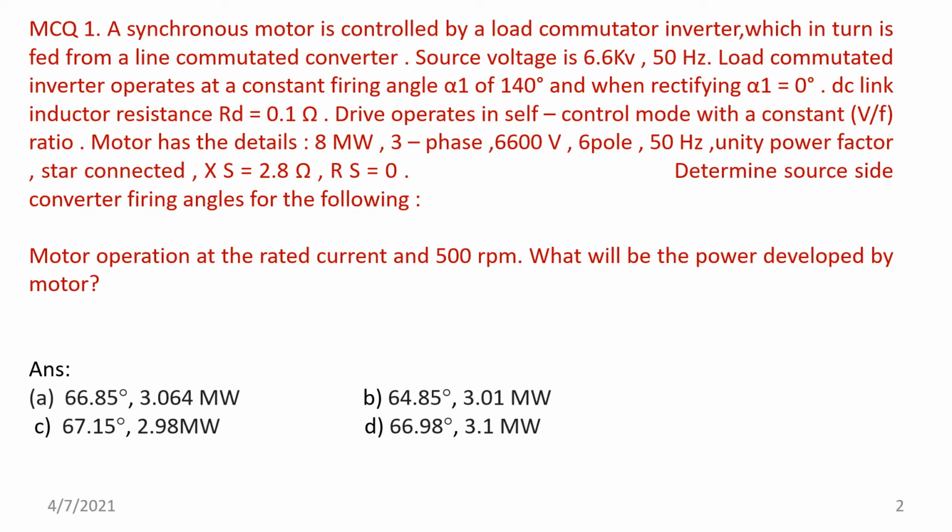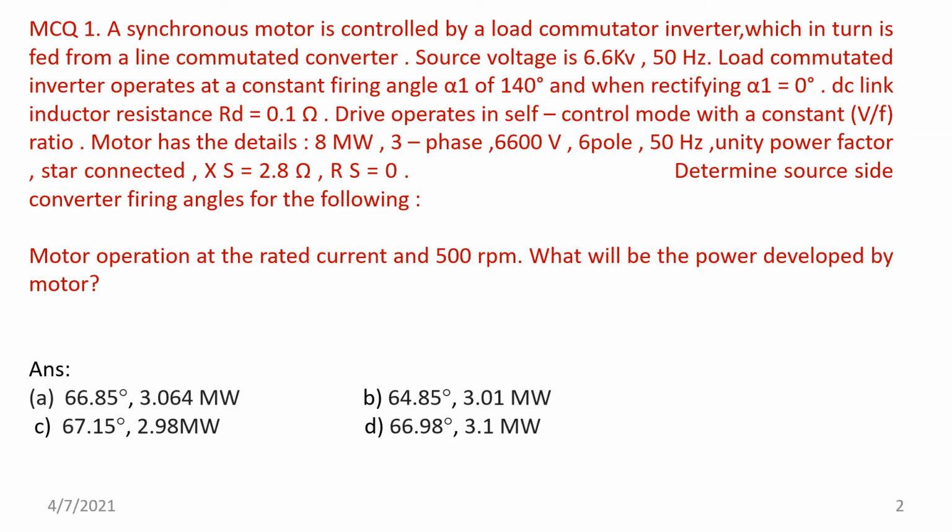DC link inductor resistance R_D equals 0.1 ohm. Drive operates in self-control mode with a constant V by F ratio. Motor specifications: 8 MW, 3-phase, 6.6 kV, 6-pole, 50 Hz, unity power factor, star connected, X_S equal to 2.8 ohm, R_S equal to 0.